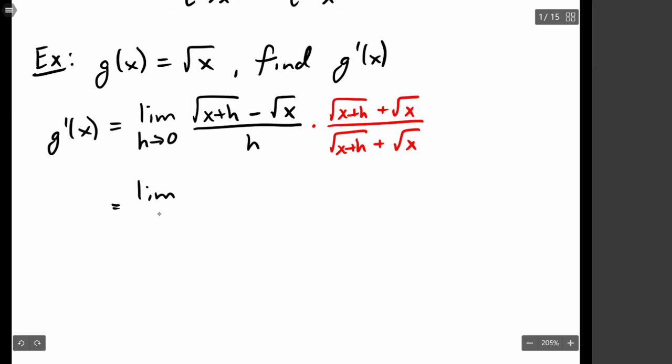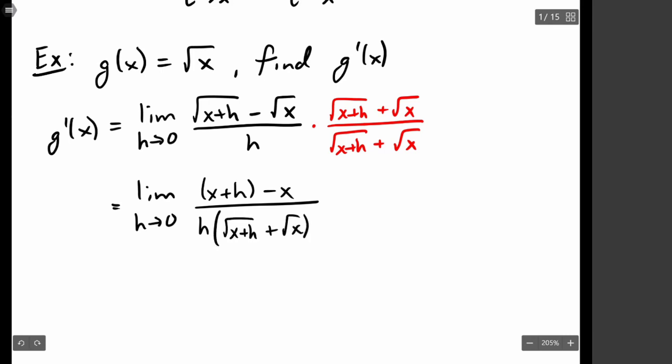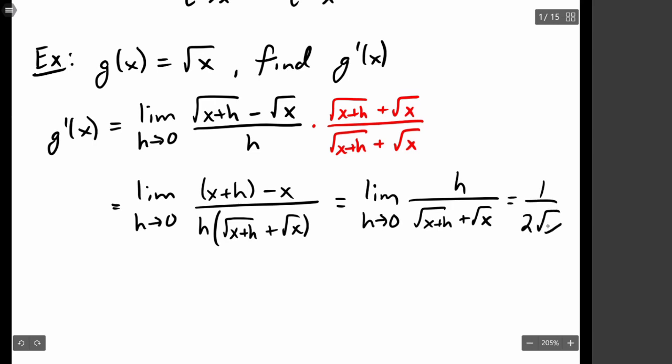So this simplifies to, let's see, x plus h minus x over h times square root of x plus h plus square root of x. Okay? So we'll simplify this completely. Right? Again, I'll leave checking the simplification to you. All right, so it puts us here, and we get 1 over 2 square root of x.